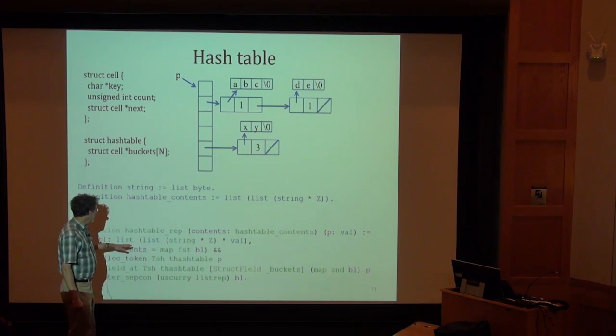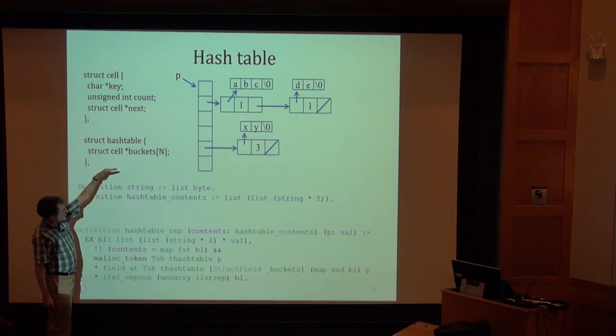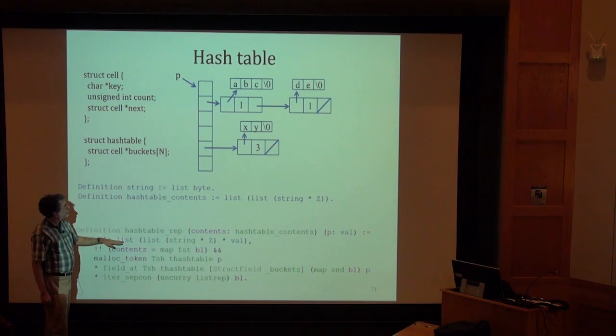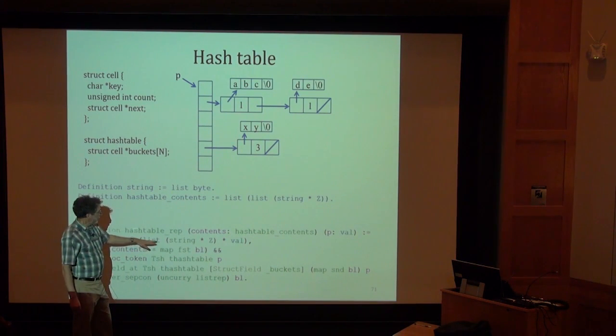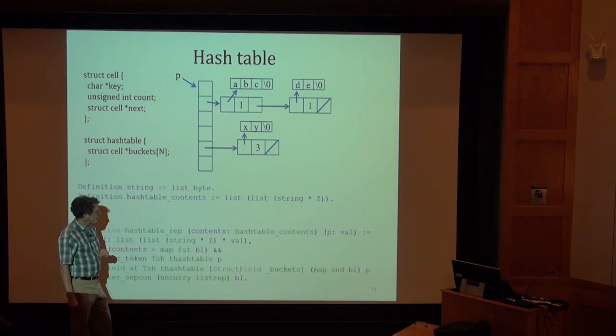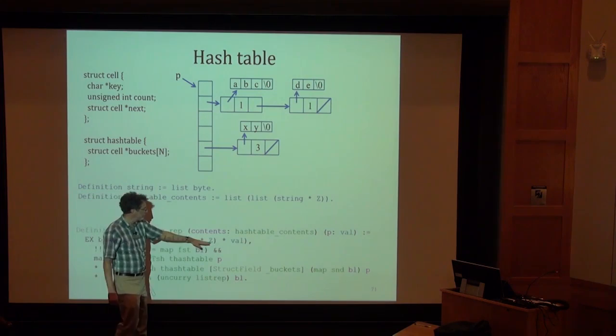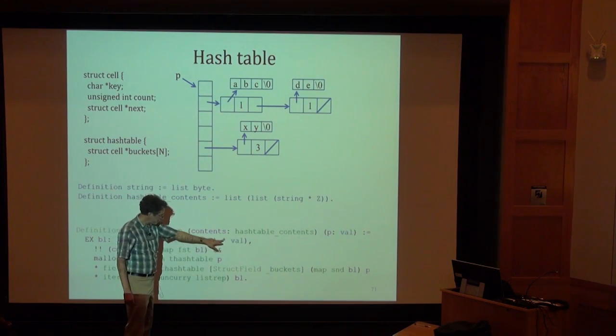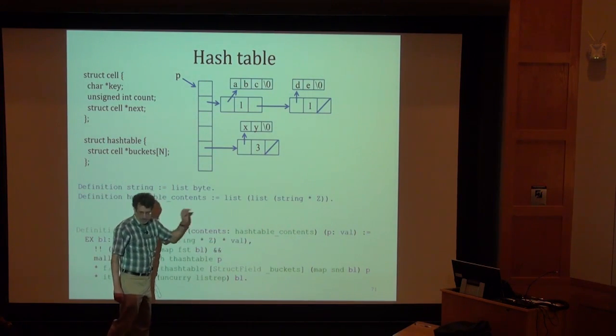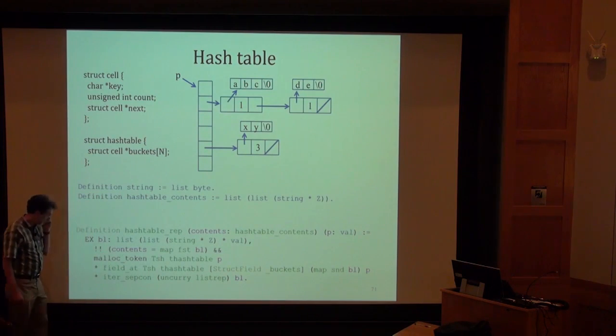And it'll be a list corresponding to the buckets. So the length of this list will be exactly n. And in each place, we'll have the contents of the linked list first, the string cross Z, list of string cross Z, and the value, the address at which this sits.